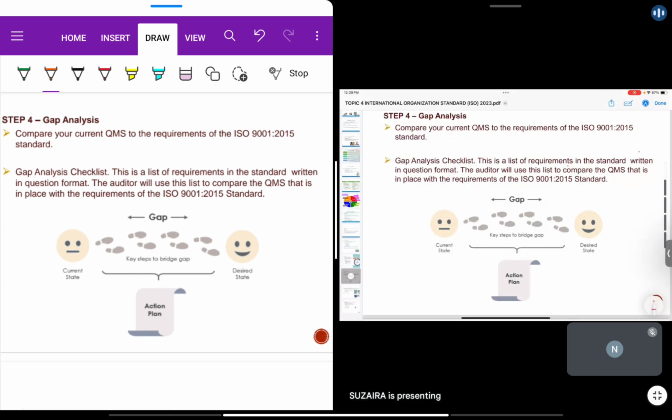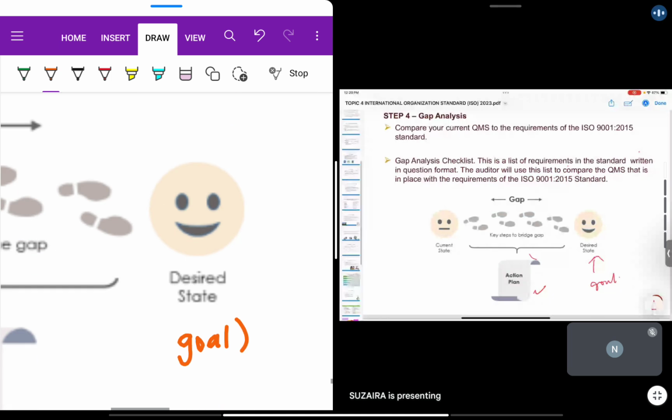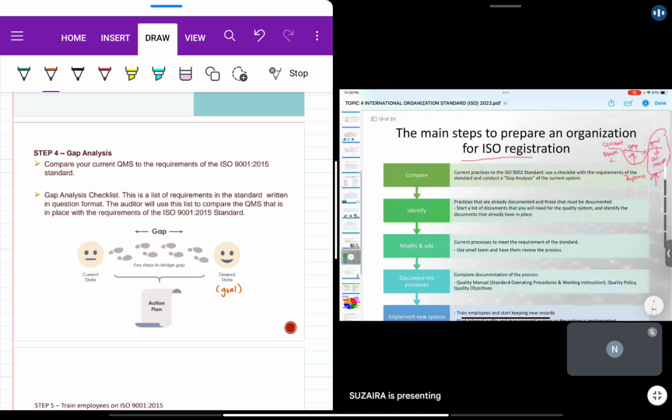Gap analysis is actually the things that you need to work on. It involves the action plan, current state and desired state. Desired state is your goal lah. So what are the things that we need to work on in order to achieve that? Okay, all right, and then look back at this one.